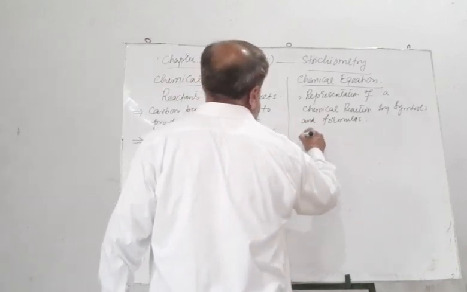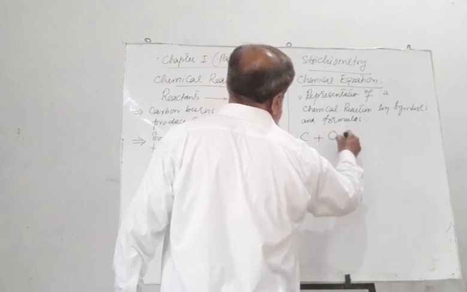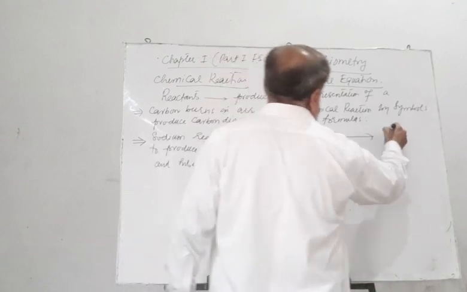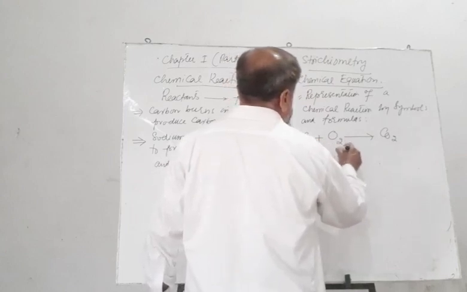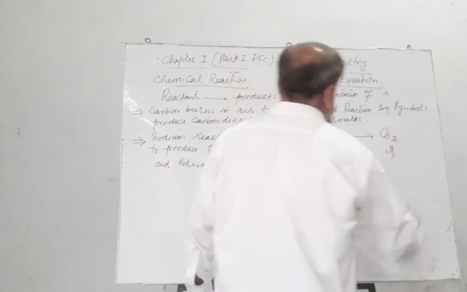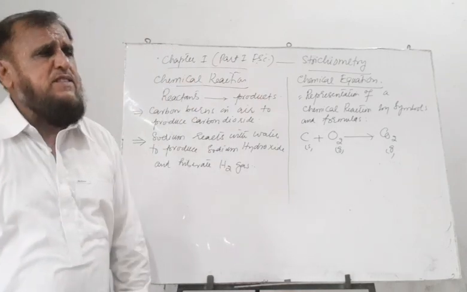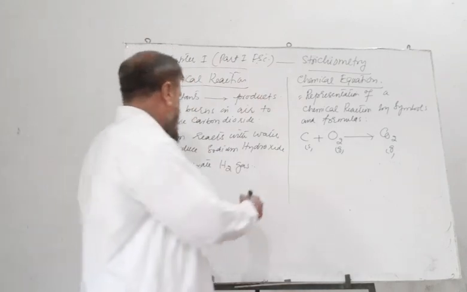The two reactions which we have mentioned can be represented by chemical equations. Reaction 1 can be represented by the equation C plus O2 gives CO2. Solid carbon reacts with gaseous oxygen to produce gaseous carbon dioxide. The physical states are also written in the reaction.